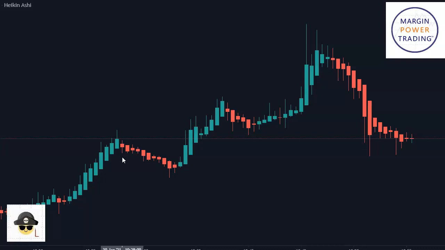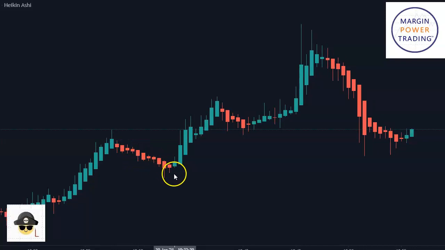But you'll see the same exact scenario: consolidation, breakout to the upside, consolidation, slight break to the bottom, hard V, slight pullback. During the creation of this candle, it would have been red at some point.